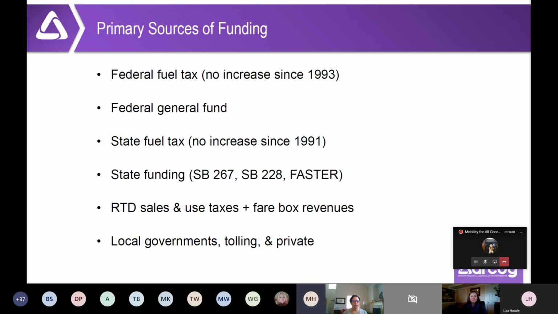So the federal general fund, other state funds certainly have to pick up a lot of that slack. Then, of course, RTD also gets sales and use taxes from the community, as well as fare box revenues. And then, of course, local governments certainly come into play. There's usually local shares involved with grants, but then local governments also fund their own programs. And then tolling and public-private partnerships are becoming a larger portion. Next slide.